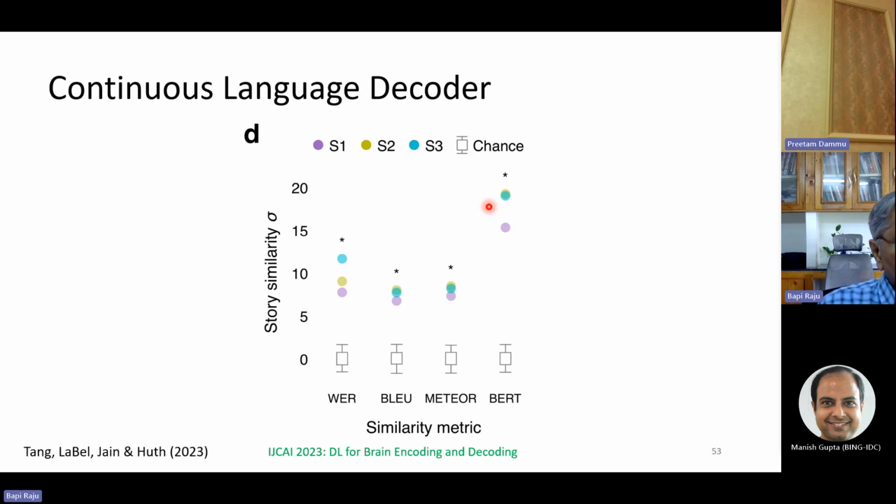So all these decoder performances are much above chance level. And across word error rate, BLEU score, different ways to measure the story that is decoded and the original story, how similar they are, this continuous decoder seems to perform very well.